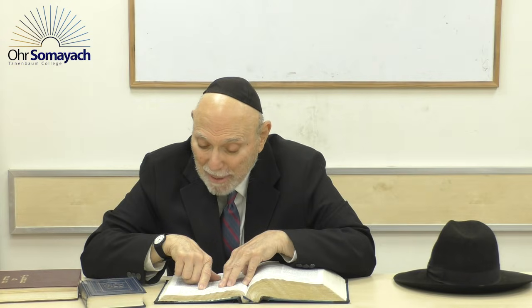It doesn't say V'zos Hashem beirach osam, and this is what he blessed them. It says he spoke, diber. Then after that it says vayivorech osam, and he blessed them. So what's the diber lohem, and what's vayivorech osam?